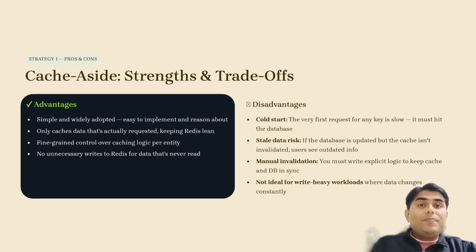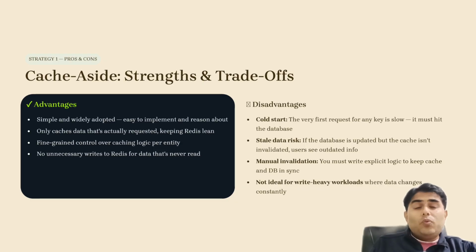If we talk about the advantages, first of all, it is very easy, simple and memory efficient. It only caches required data. If we talk about the disadvantages, the first request is slow, only the first request is slow, cold start, needs cache invalidation, stale data possibilities.